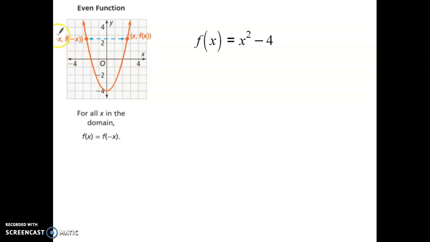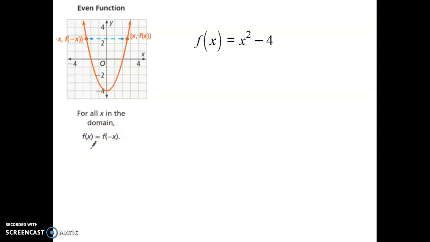So my x became negative x. But look at f of x. Do you see that f of x and f of negative x are the same? My y value did not change. So the way you can tell if a function is even from its equation is if f of x and f of negative x are the same for all the x's.